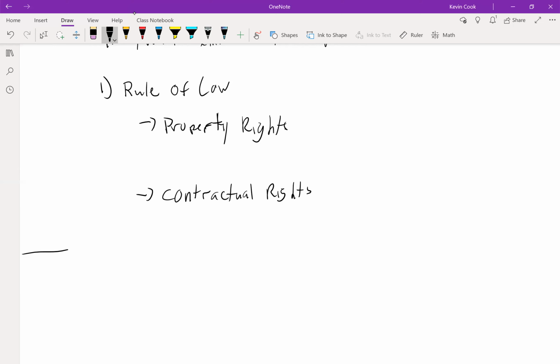So since I know that if someone were to steal something of mine, I can pursue legal repercussion, or if I let somebody borrow something of mine and they don't return it like they're supposed to, then I can take legal action against them.